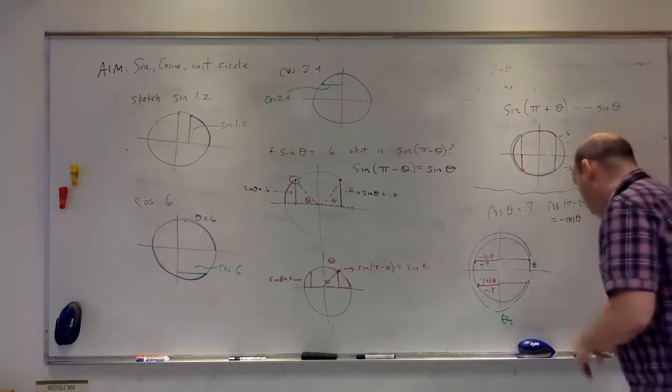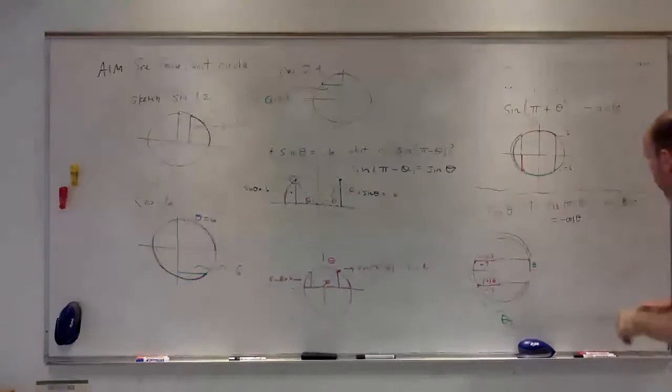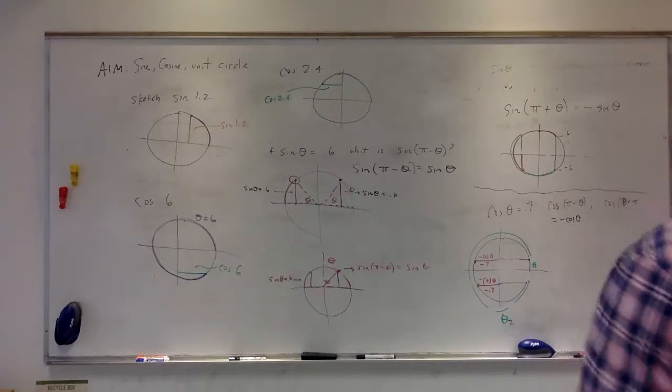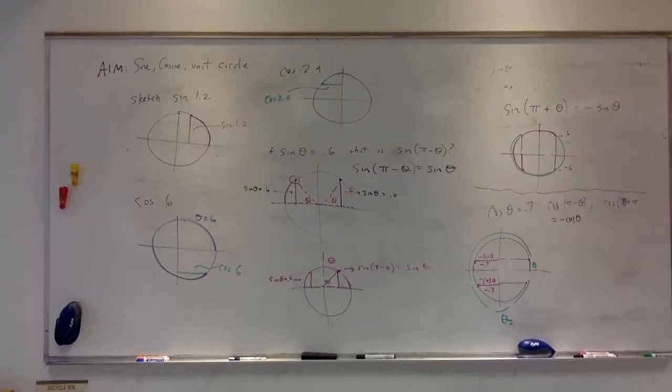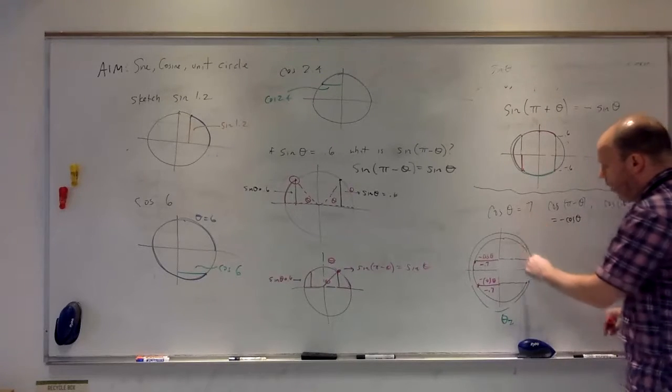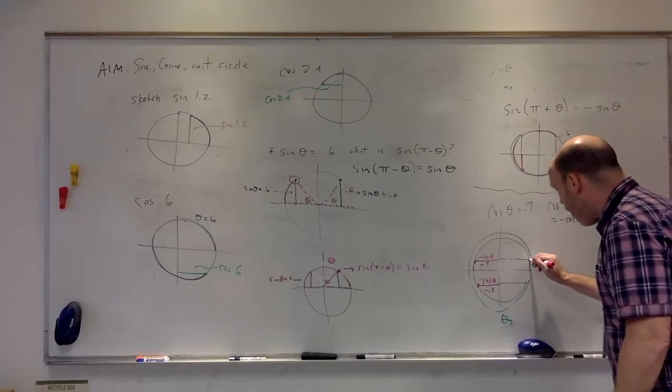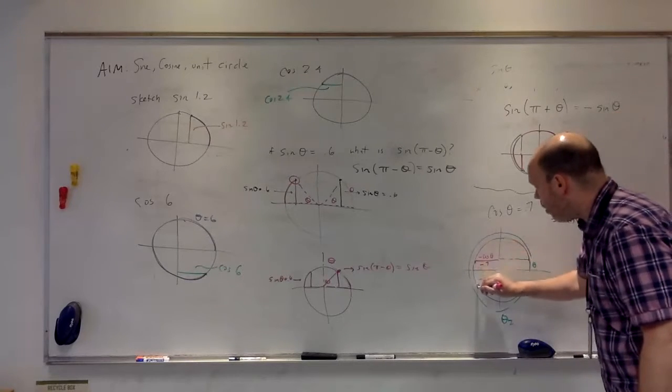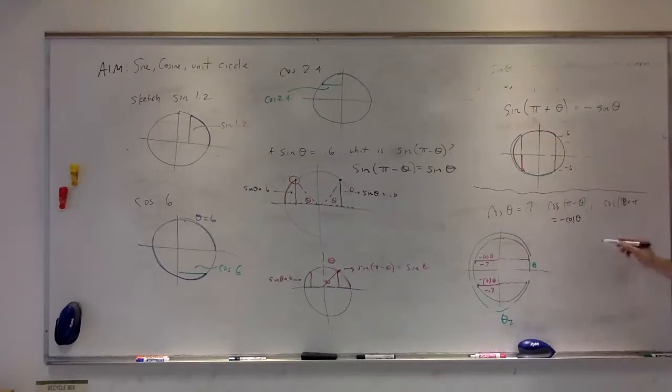What happens if we add 180? Well, if this is cosine of 0.7 and we add 180, where are we going? We're going here, right? Let's do another diagram. Our first point is here. This has a distance of 0.7.